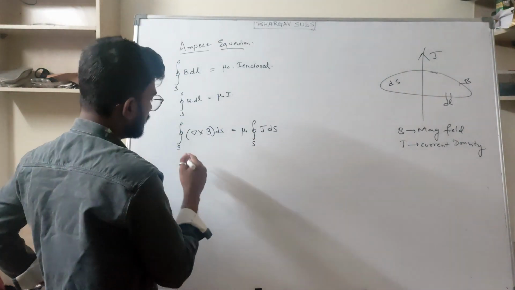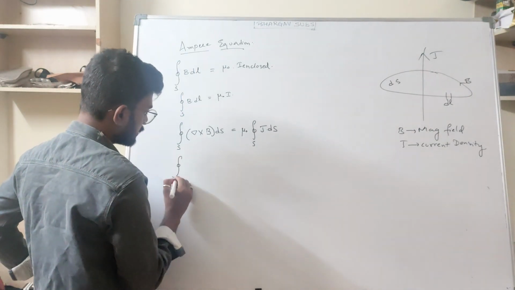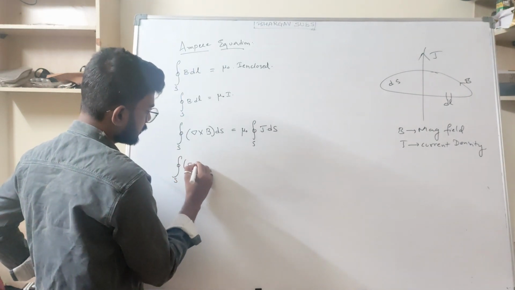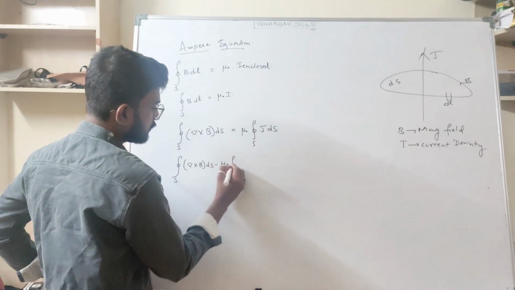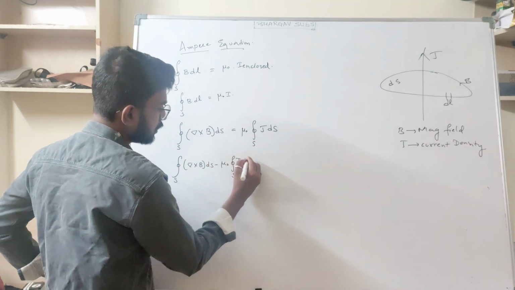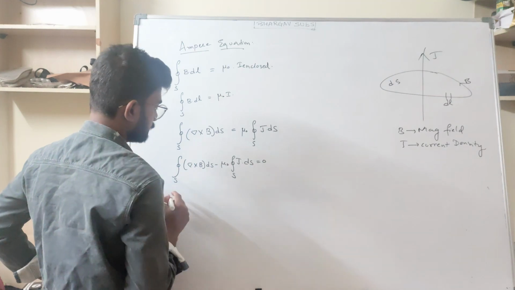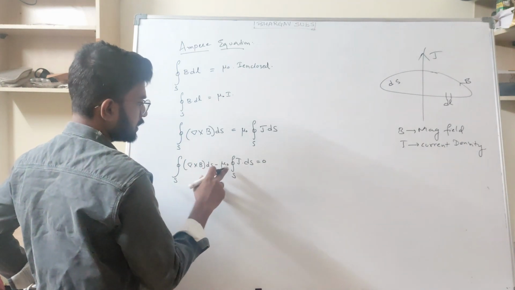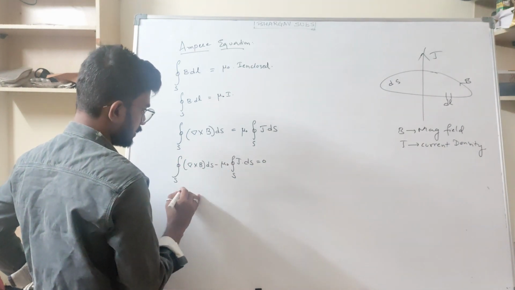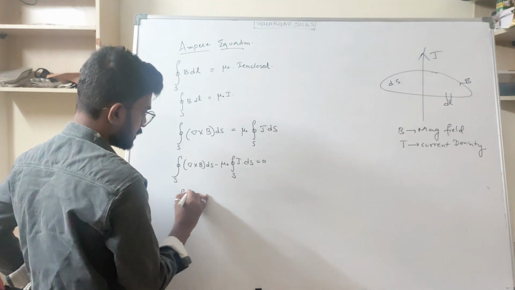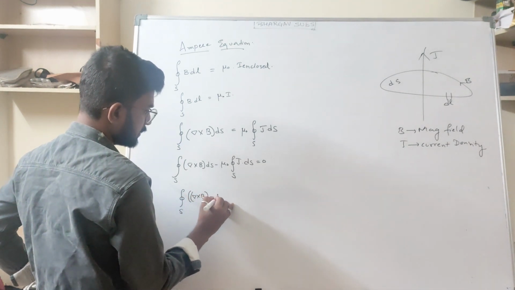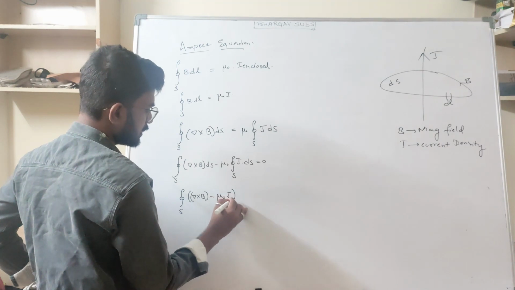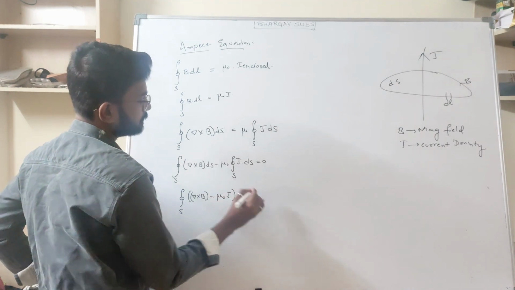Now I am taking this equation to the left hand side. So I will get the surface integral of del cross B ds minus mu naught times the surface integral of J dot ds is equal to 0. Now I am taking ds and the surface integral common: the surface integral of (del cross B minus mu naught J) ds is equal to 0.